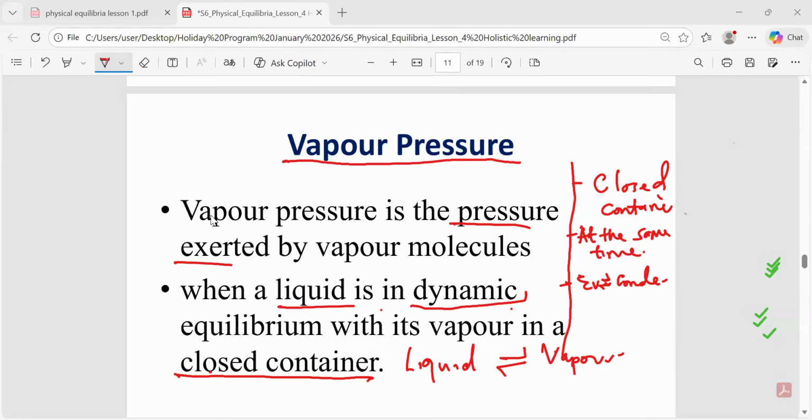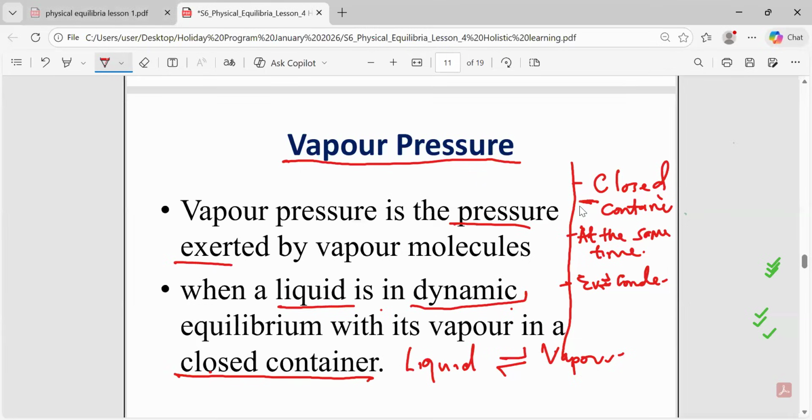Some liquid particles escape into the gas phase by evaporation. They are going to evaporate, but it is within the closed container. Meaning, at the same time, the vapor particles will return back to the liquid. So it is a closed container where evaporation is taking place.